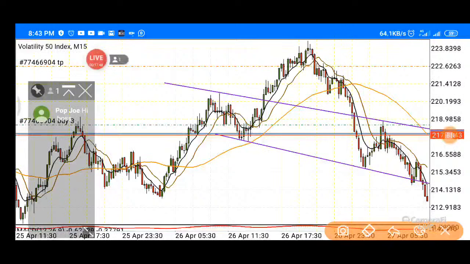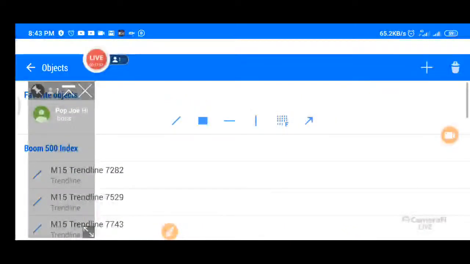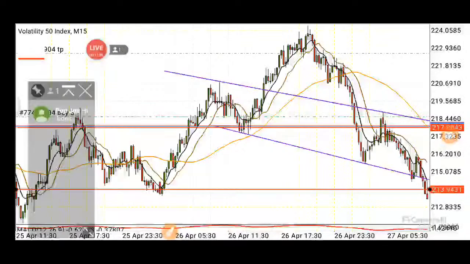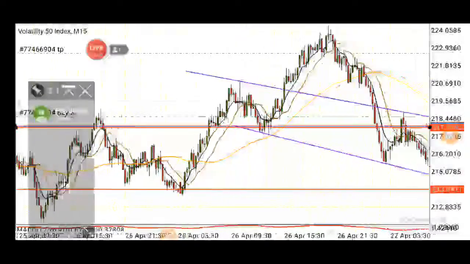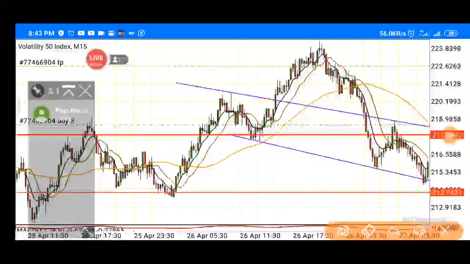So the aggressive trader here is still in profit. Now the less aggressive can enter here. So let me place a level there also for the less aggressive. Sometimes there are some people that enter multiple positions after entering at the first level, which is for the aggressive traders.